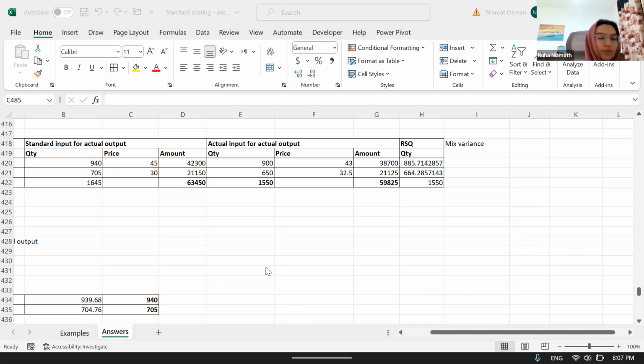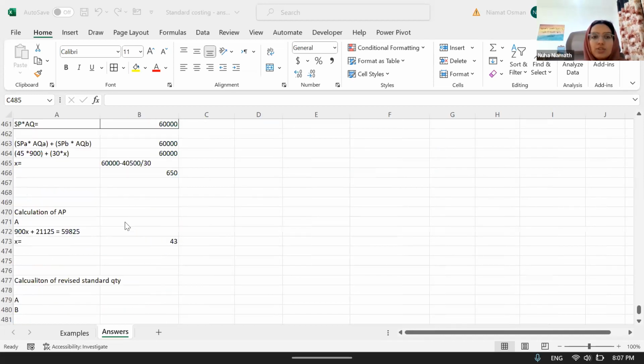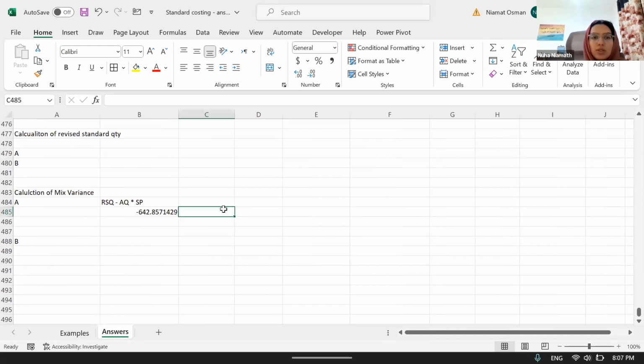This is favorable or adverse, everyone? We have used 900 kgs, but we should have used less. It's adverse, correct? Because we have used more, right? Quantity is used more. So it is an adverse situation. So we'll go ahead and put adverse.